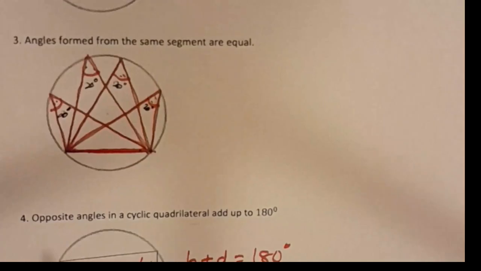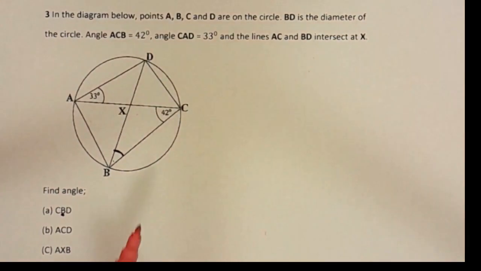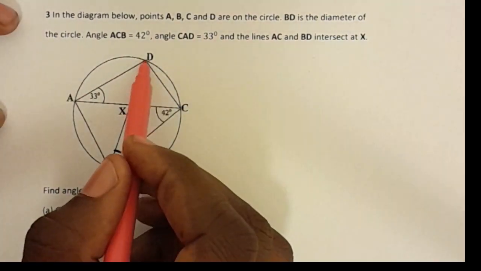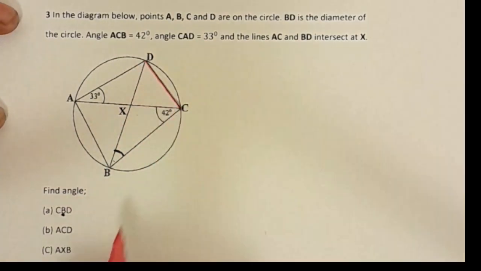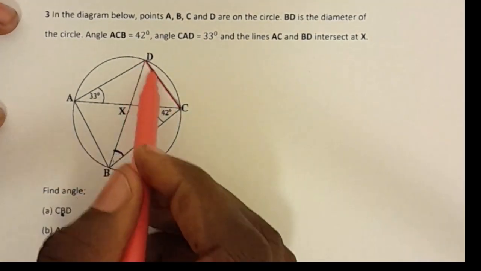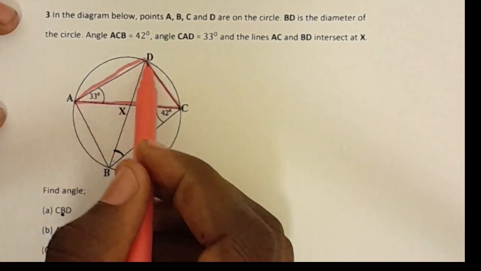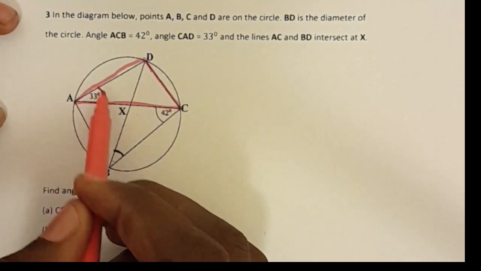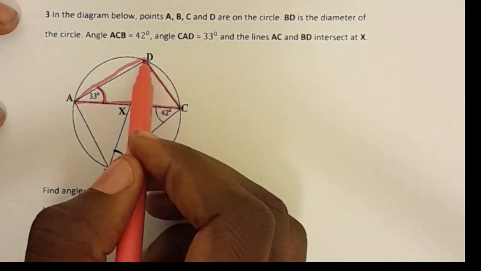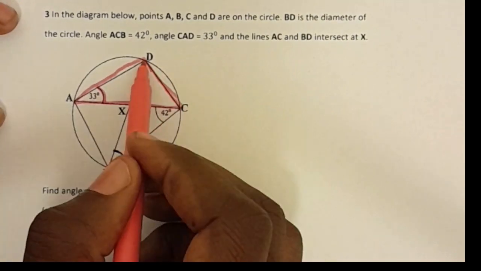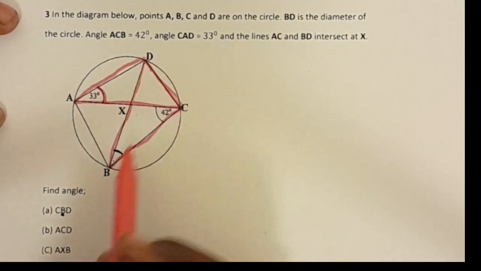This segment has formed this angle, 33 degrees, and the same segment has also formed another angle on this side, which is the angle we are looking for.